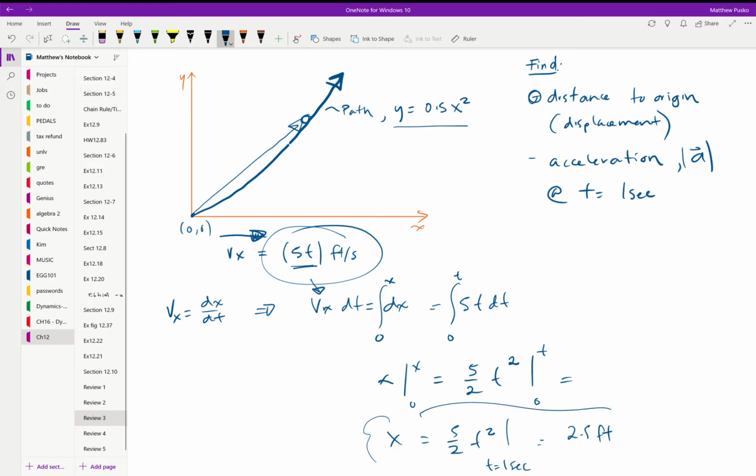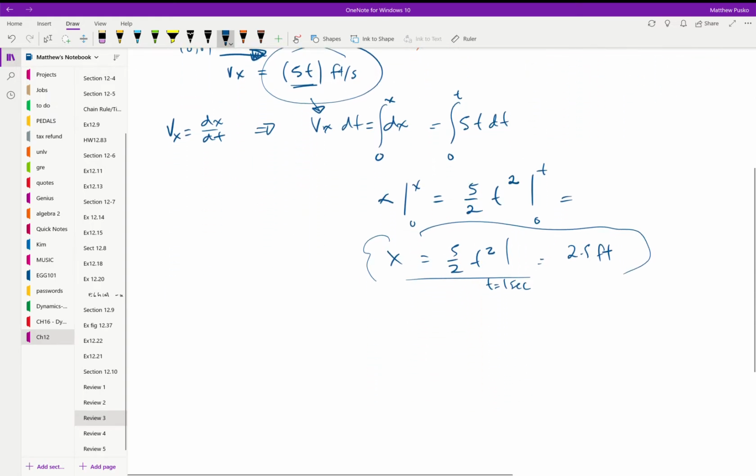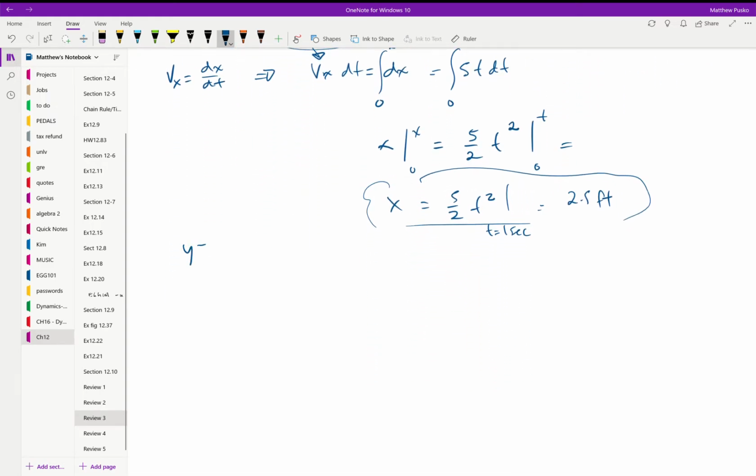So we'll hold on to this for a little bit. We were given the path, so we can find the y coordinate also, but we're going to plug this in later to stuff too. So let's find that y coordinate. Let's just plug back into 0.5x squared.